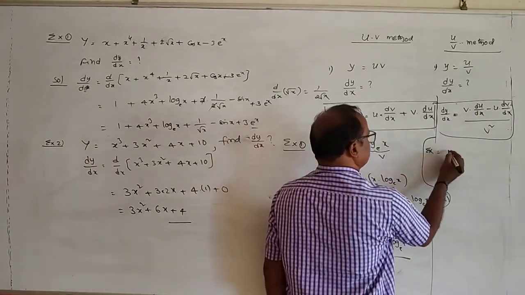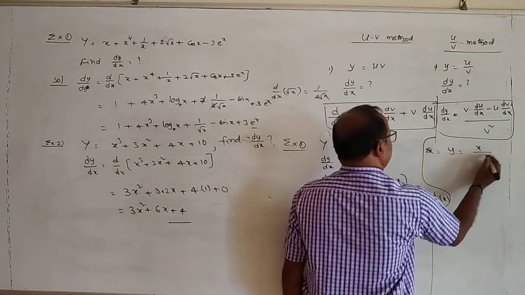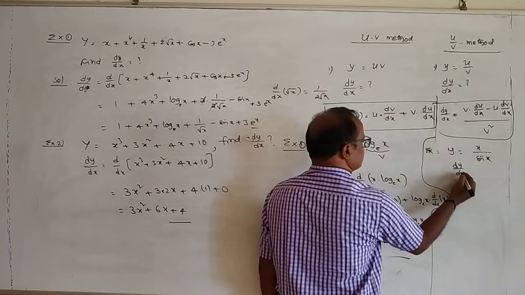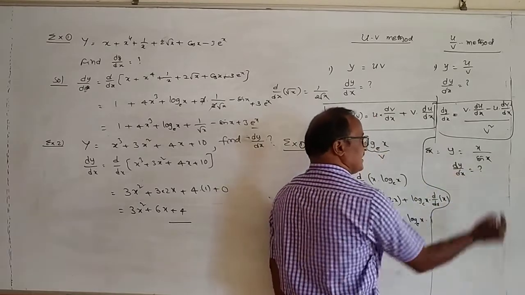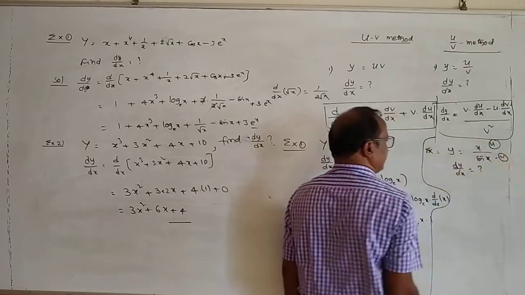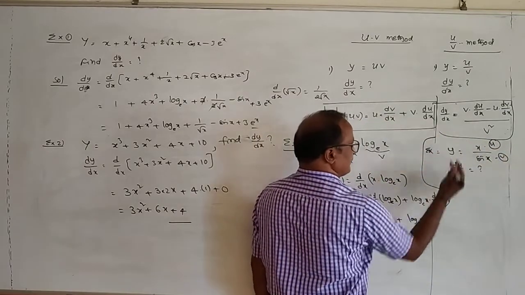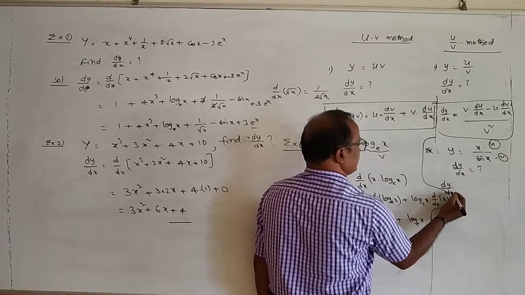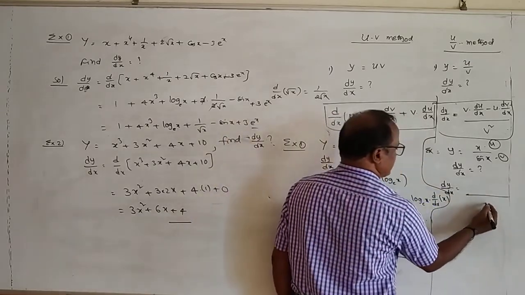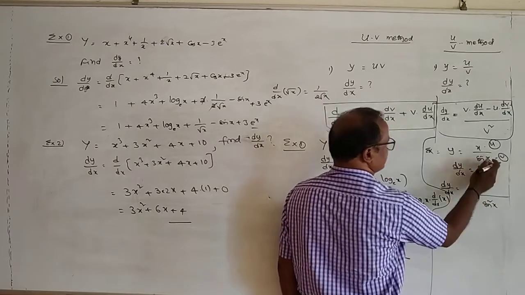Say for example, if y is equal to x by sin x, find the value of dy by dx. Here this is equal to u and this is equal to v. y equal to u by v. What is the formula for dy by dx? dy by dx is equal to, in the denominator, v square, that means sin square.